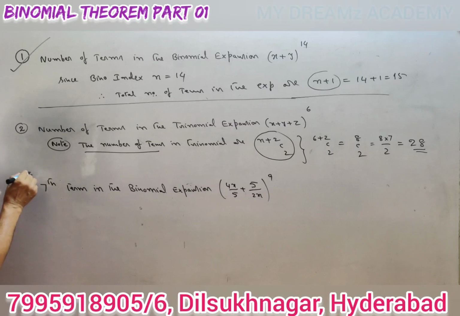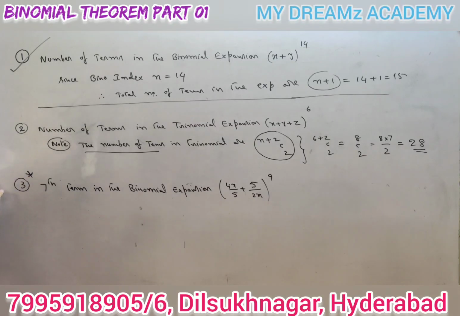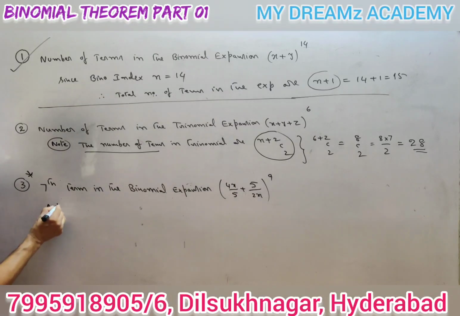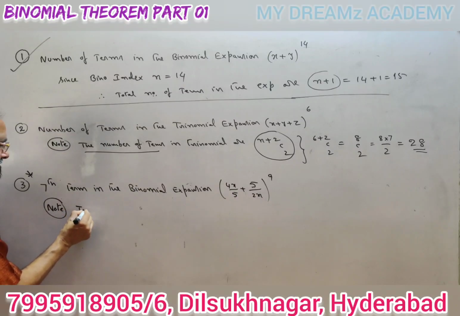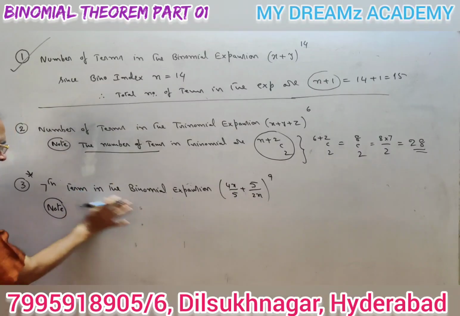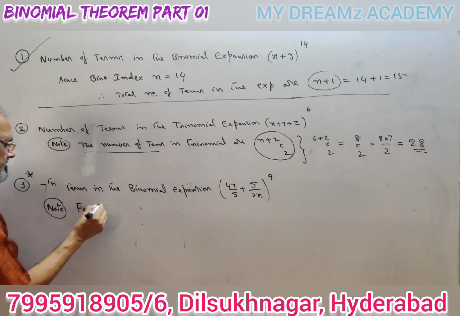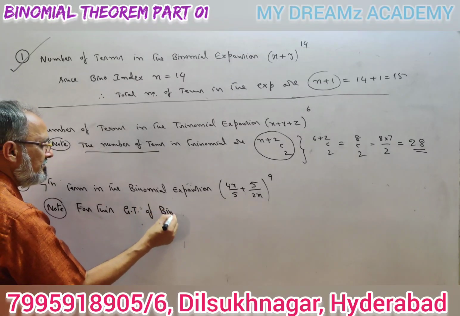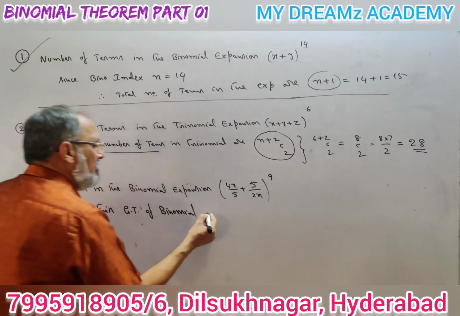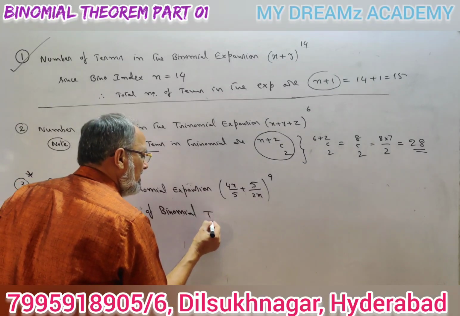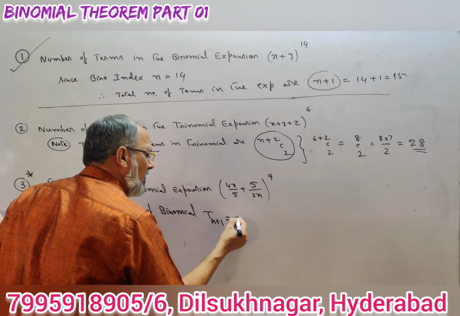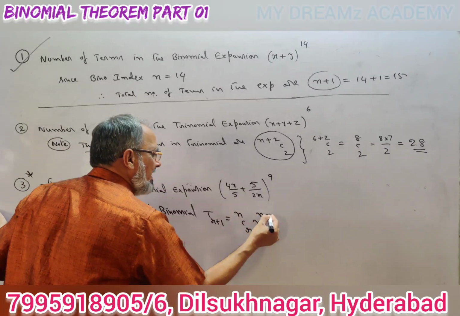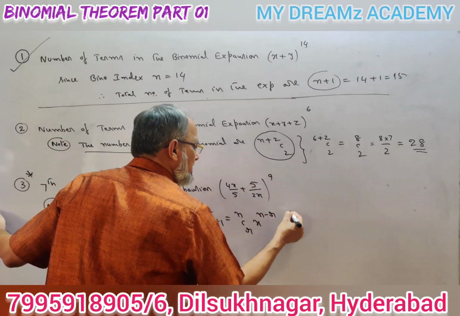And next, this is a question based on the general term. Note: the general term of the binomial, T(r plus 1), is equal to, as I discussed in the previous video, nCr x to the power of n minus r, and the second term y to the power of r.